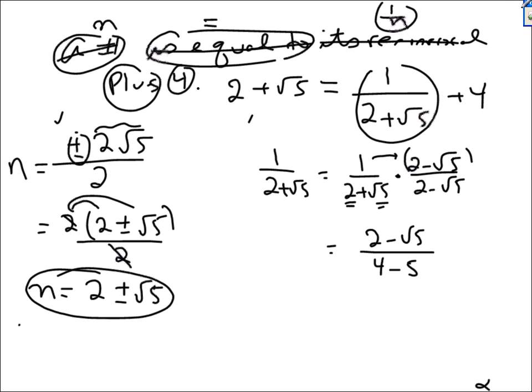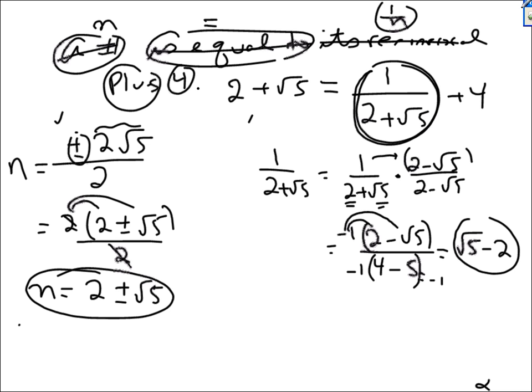The bottom is negative 1. I multiply the top by negative 1, I get positive square root of 5 minus 2. I multiply the bottom by negative 1, I get 1. And dividing by 1 I don't do. So this number is really this.